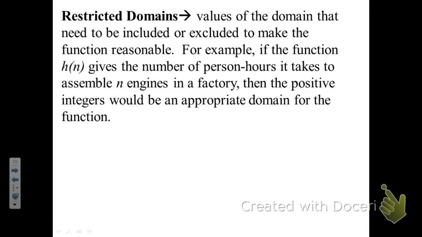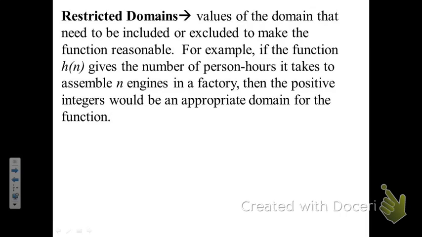Restricted domains are values of the domain that need to either be included or excluded to make the function reasonable. For example, if the function h of n gives the number of person-hours it takes to assemble n engines in a factory, then the positive integers would be an appropriate domain for the function.